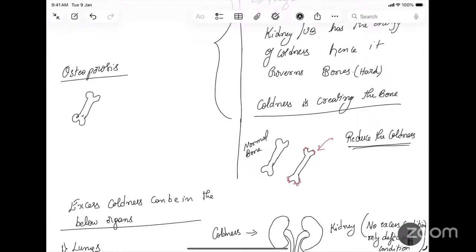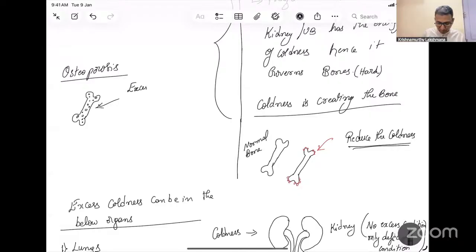Too many holes. Degeneration. Too many holes in the bone. That is osteoporosis, means excess pores in the bone. Pores are holes, small, tiny holes.